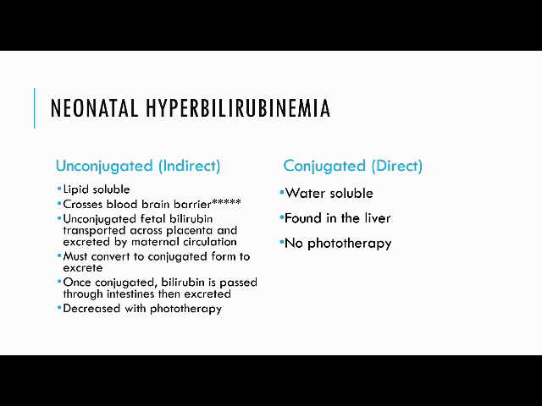So after it's had interaction with that UGT enzyme in the liver, it conjugates, goes into the gallbladder for storage, transports to the small intestine via the bile duct, and now in the small intestine it interacts some more with some enzymes and some bacteria, and it can be excreted in the feces and the urine, also found in the liver. But at this point, phototherapy is not helpful because of the molecular properties of conjugated bilirubin.